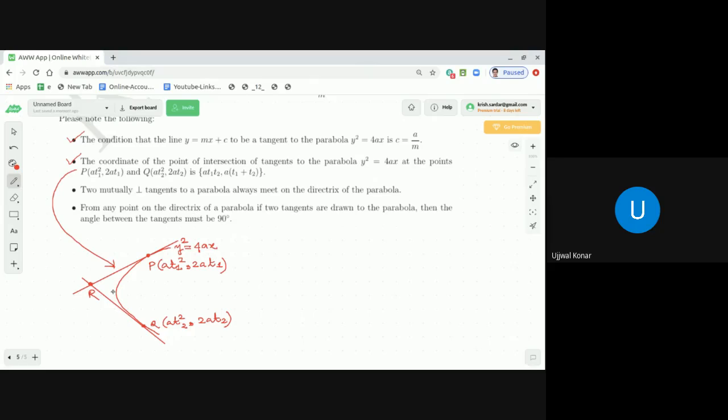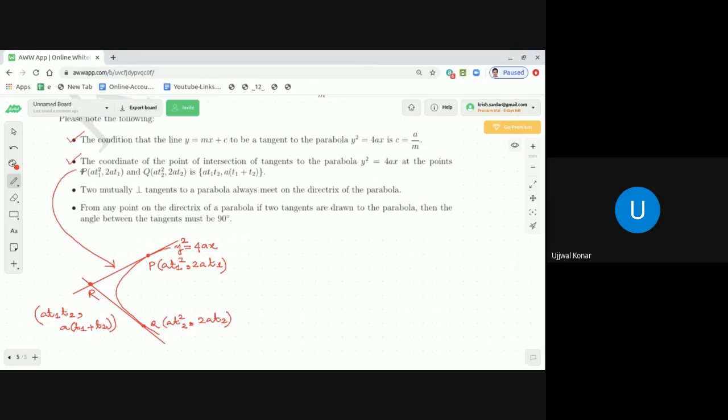Now, as you know the parametric coordinates of these 2 points P and Q, you can simply say what will be the coordinate of the point R. Its coordinate should be a into t1 into t2, that is the x coordinate, and y coordinate should be a into t1 plus t2. Correct, dear students?